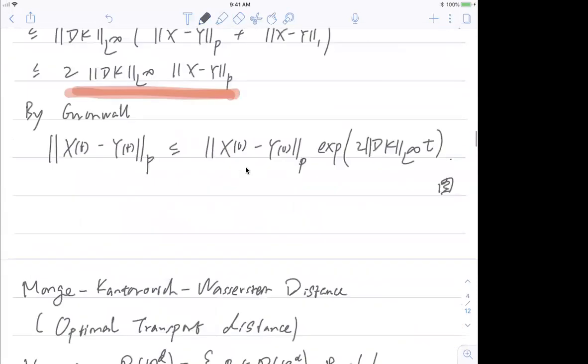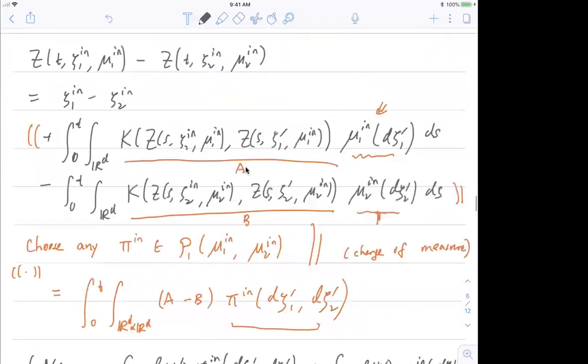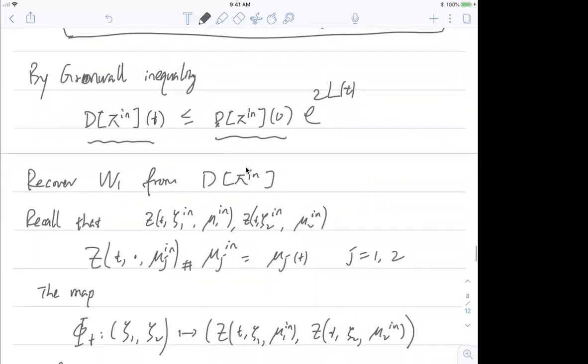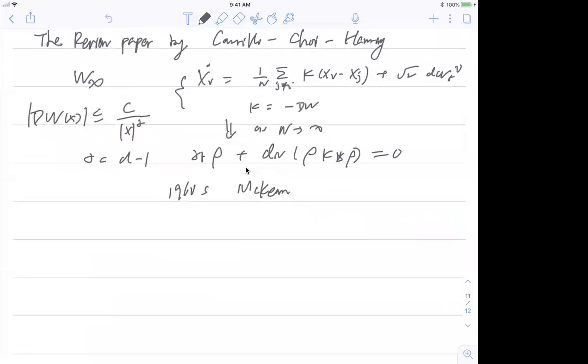You compare two trajectories: one is the ODE or SDE system, and the other is the symmetric system, which is just n copies of the limit system. You compare both of them, and you can control the growth of their distance by Gronwall estimate. Next week, I will spend a little time on stochastic systems using the coupling method.